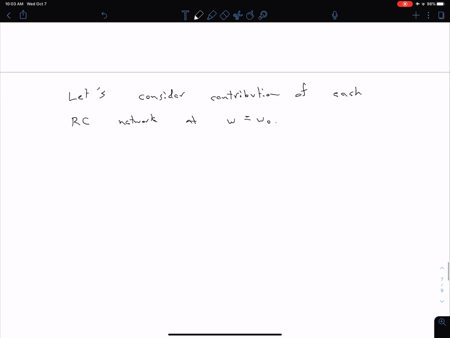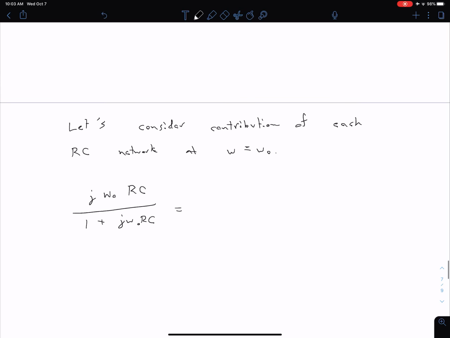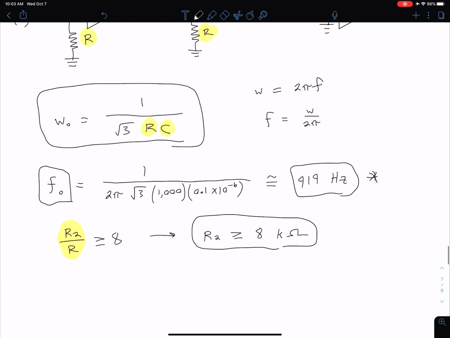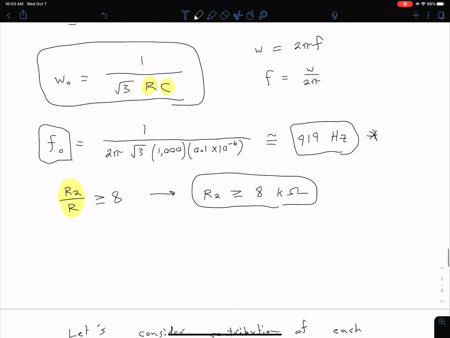What we had seen previously is that our transfer function for the RC network is j omega naught RC divided by 1 plus j omega naught RC. Basically we're just plugging in our equation for omega naught. As we set up here, omega naught is equal to 1 over root 3 times RC.